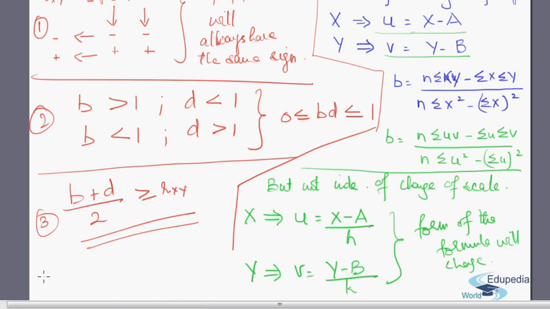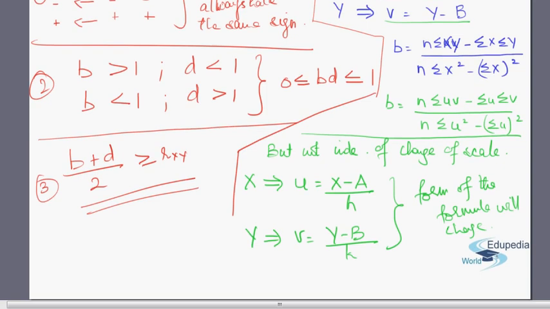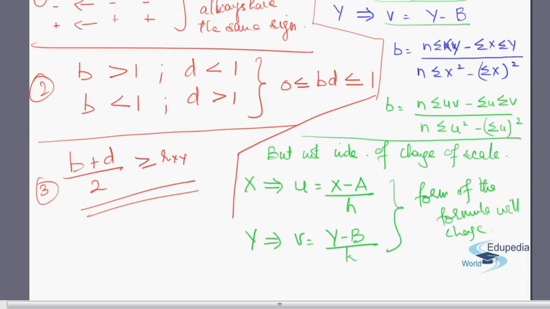Let me write the equations here. We will have two equations. Our equation of y first.